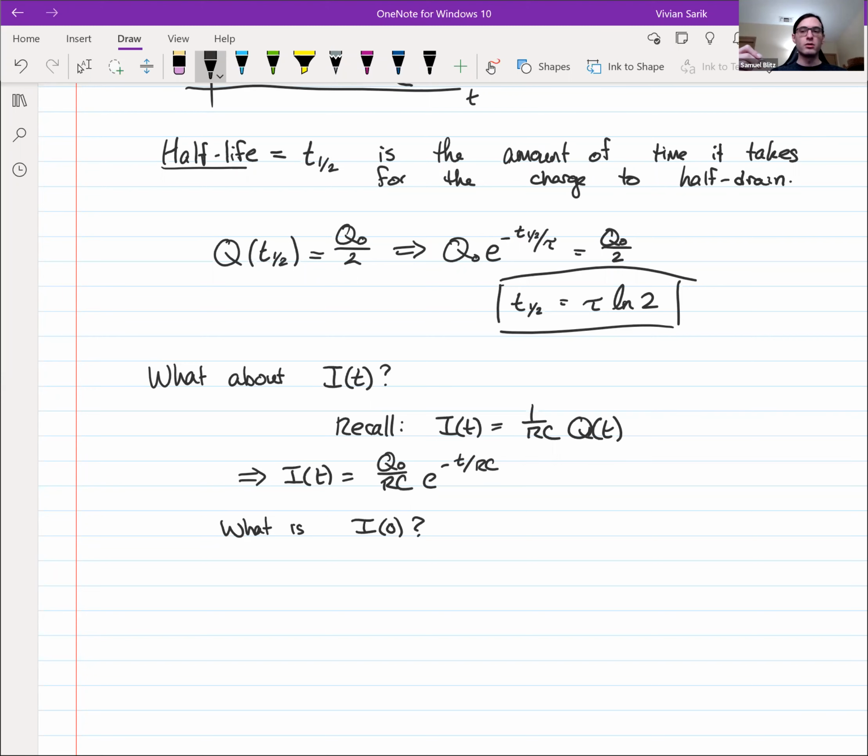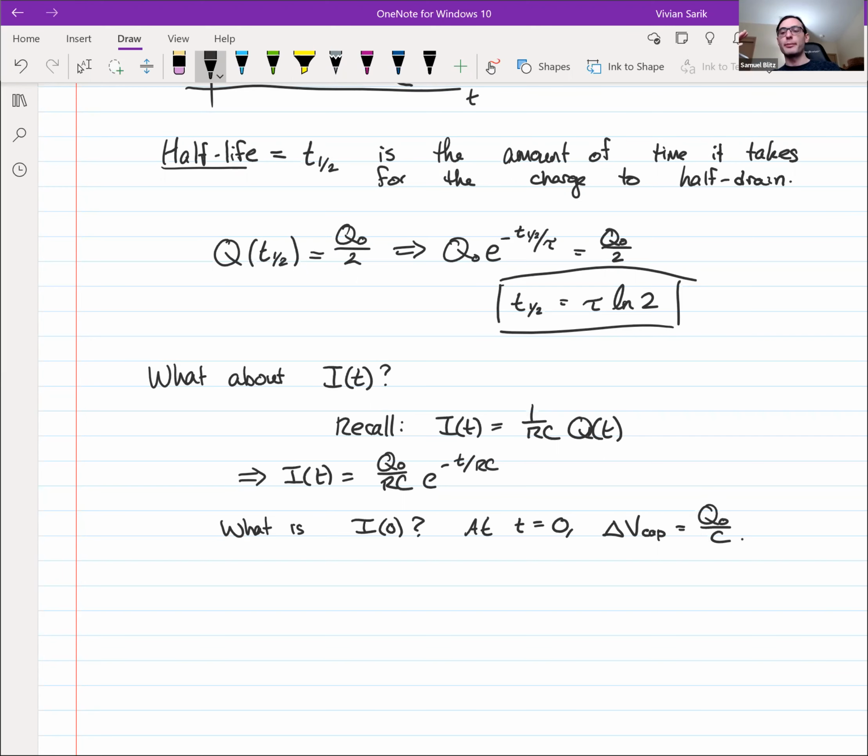We already know that at t equals 0, the potential across the capacitor is just equal to the initial charge divided by C. And so if that's the potential, we can figure out how the initial current, say I naught, relates to it.